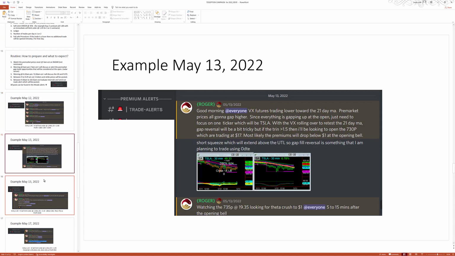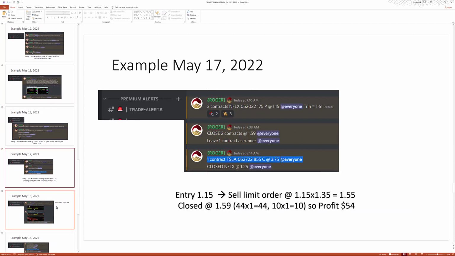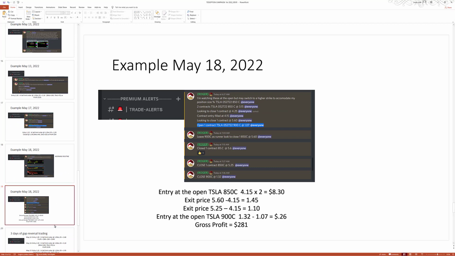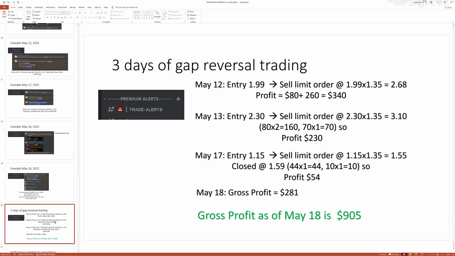And then I've documented every single trade that I've taken on the gap reversal. Okay, and that's it. This campaign seems like a pretty good way of extracting 35% out of the market.